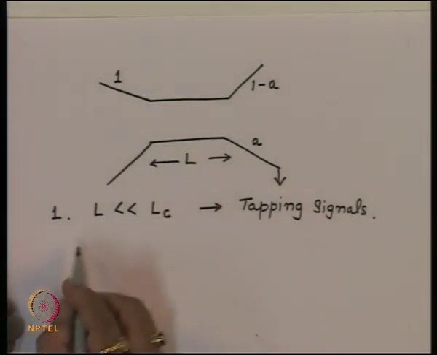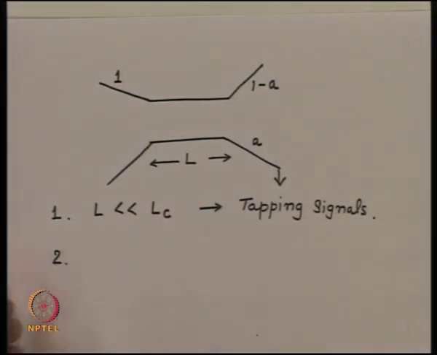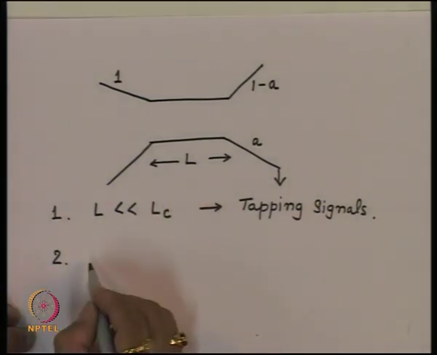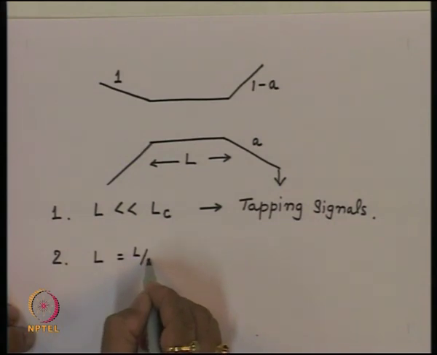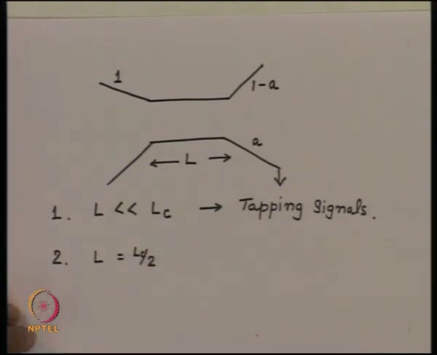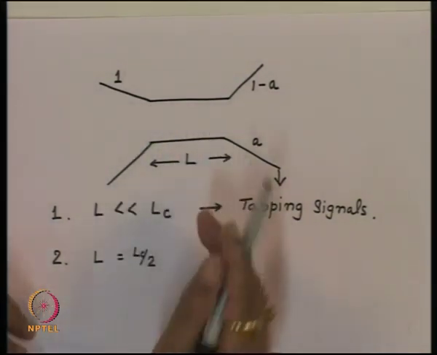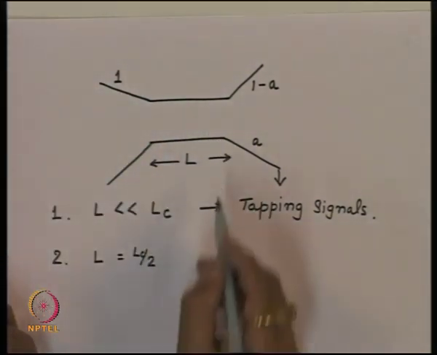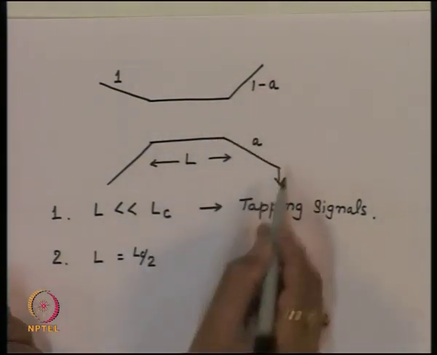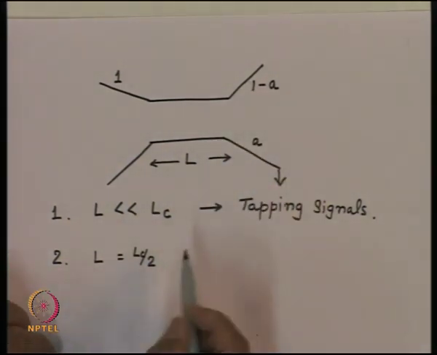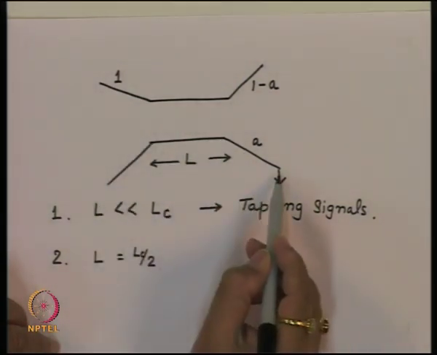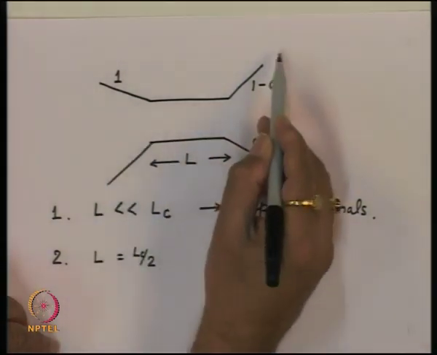If you make L substantially large, in the second case, let us say I make L equal to LC by 2, so this length is half of the coupling length, then half the power would have come to this point, and beyond that point you separate these waveguides. Now the power cannot go back, it will remain with this. So in this situation, essentially half power appeared here and half power remained with the original waveguide.